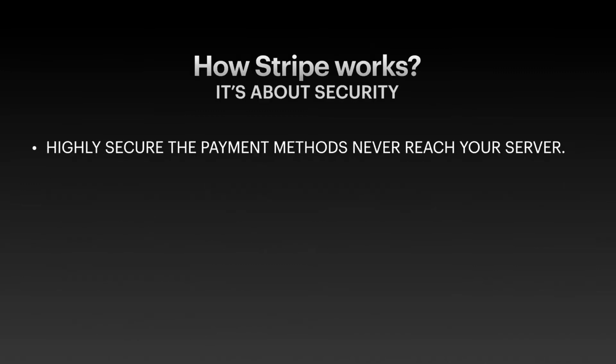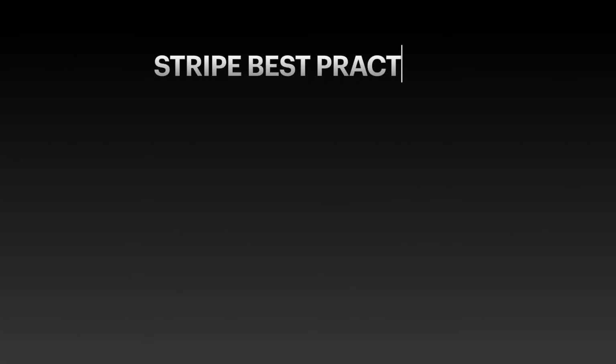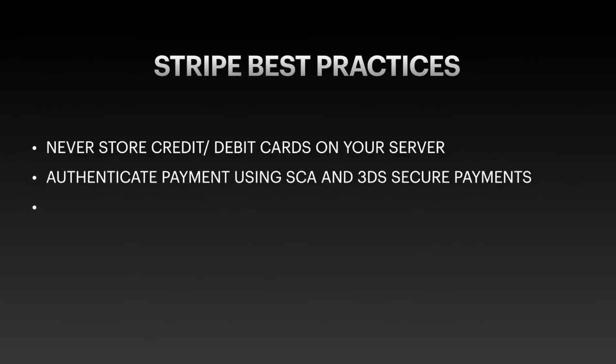So how does Stripe work? It's about security. The money must be secure, and Stripe uses the best industry standards. So, Stripe best practices: never store credit or debit cards on your server.